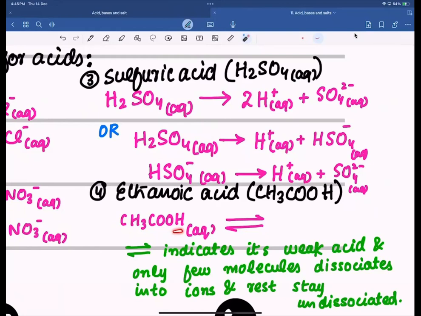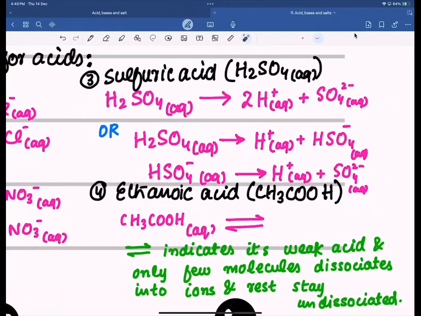One hydrogen is bonded to oxygen, and the three hydrogens are bonded to carbon, right? How many hydrogens are in this molecule? Four. Out of these four, only one hydrogen is bonded to oxygen, and the rest of the three hydrogens are bonded to carbon.